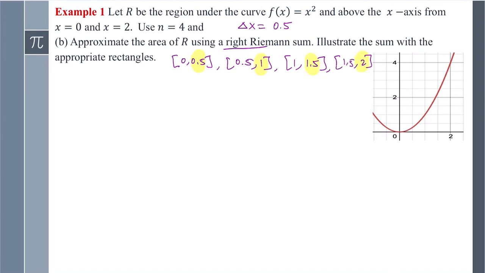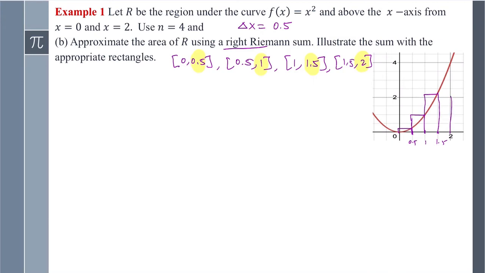So the right endpoints are 0.5, 1, 1.5, and 2. For the first rectangle, 0.5 is going to determine the height, which is this rectangle right here. The second rectangle, this is going to determine the height, which is this rectangle right here. The third one, this is going to determine the height, which is this rectangle.